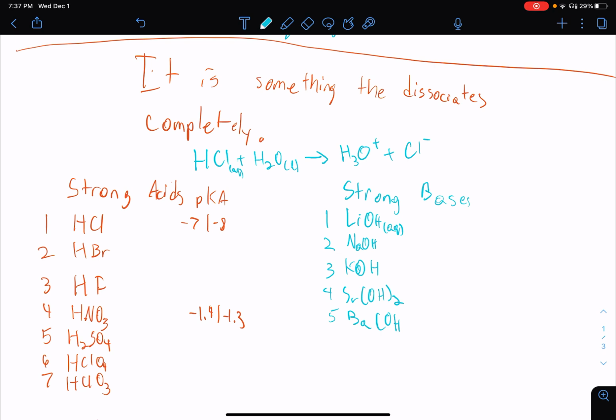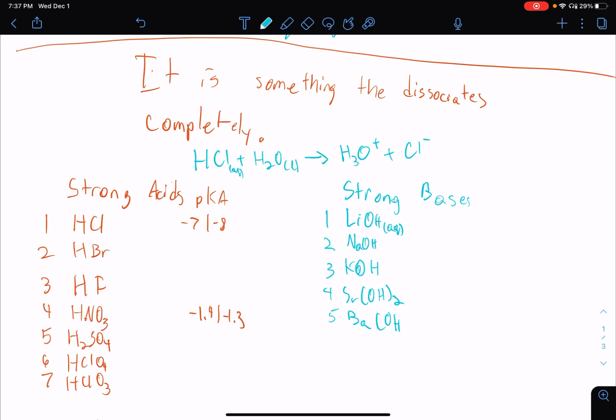Sulfuric acid is number five. Nitric acid is four, and how you could remember these is that the last two, HClO4, if you remember HClO4, if it loses an oxygen, it's still a strong acid. The same with sulfuric acid, H2SO4.